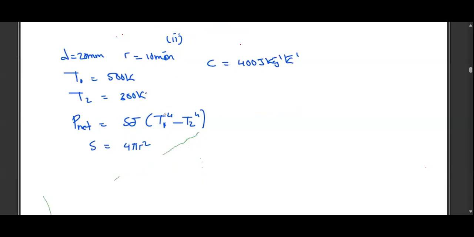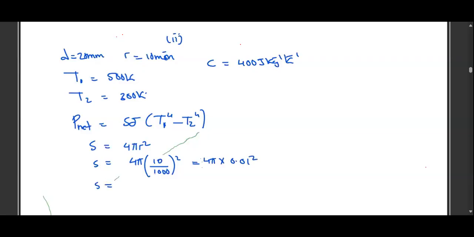4 pi r squared. So you can get the surface area, which will be 4 pi into 10 divided by 1,000 to take it to meters, which will give us 4 pi times 0.01 squared to give us the surface area.